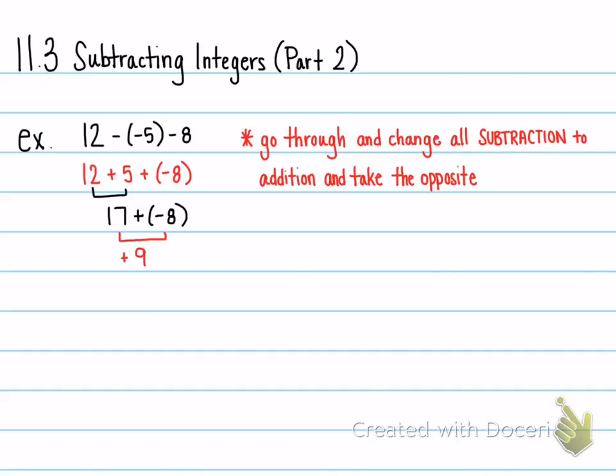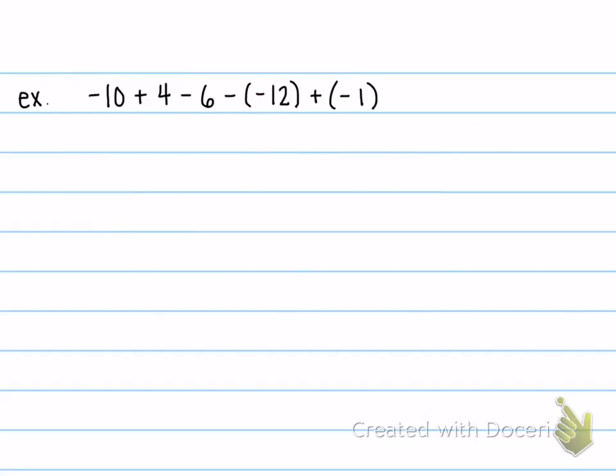Now, in this example, it was all subtraction, so you had to change each term to addition and take the opposite. It's not always going to be like that. Sometimes the problem is going to be a mixture of addition and subtraction. So let's look at this example. Negative 10 plus 4 minus 6 minus negative 12 plus negative 1. If you look at this problem, you notice that not everything is subtraction.